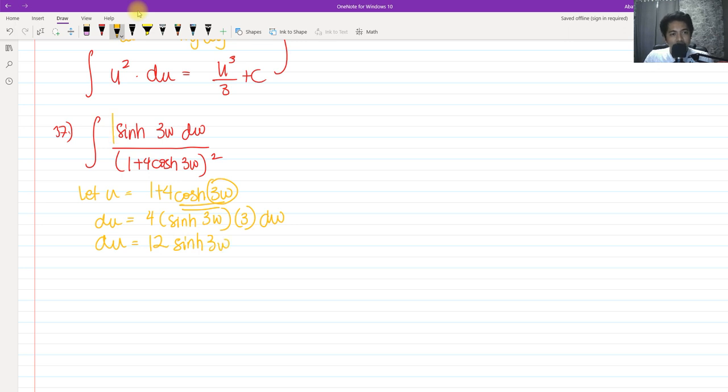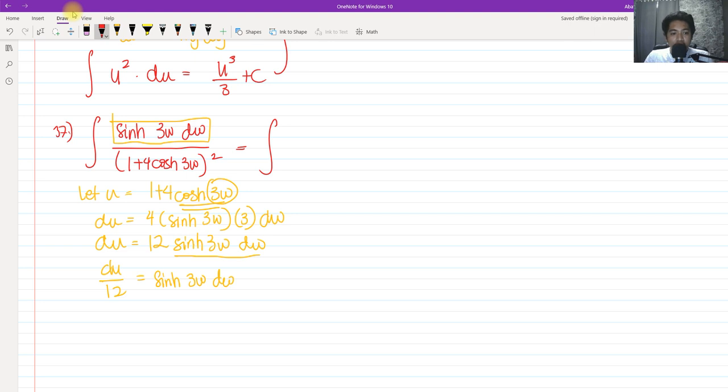So I have an available hyperbolic sine 3w dw in my numerator. I can simply isolate this to perform the u substitution. So we have du all over 12 equals the hyperbolic sine of 3w dw. We are now ready to perform u substitution in this given integral.